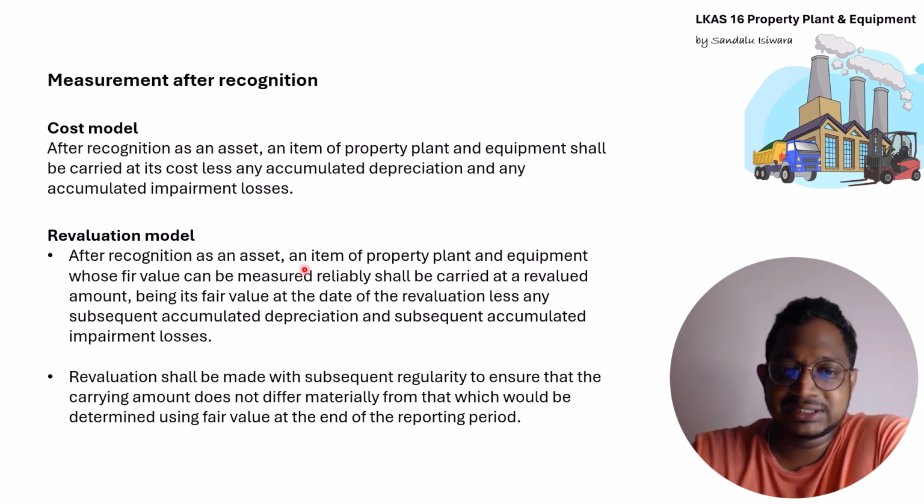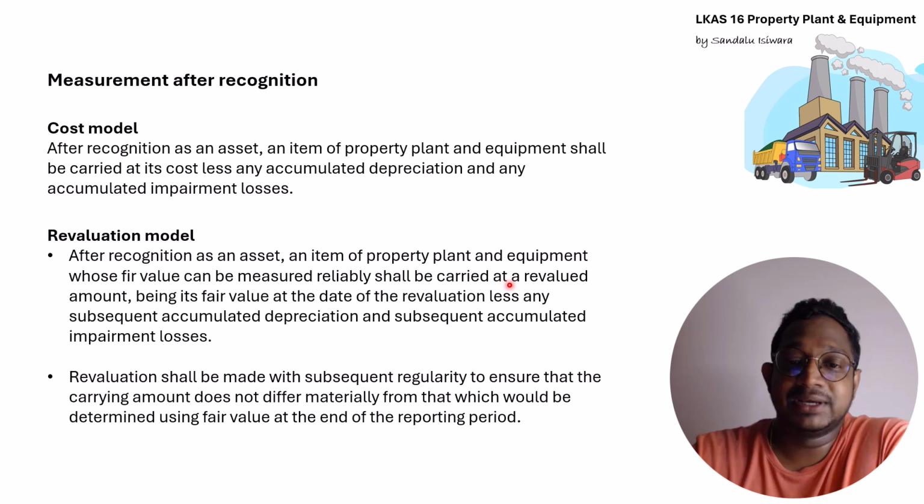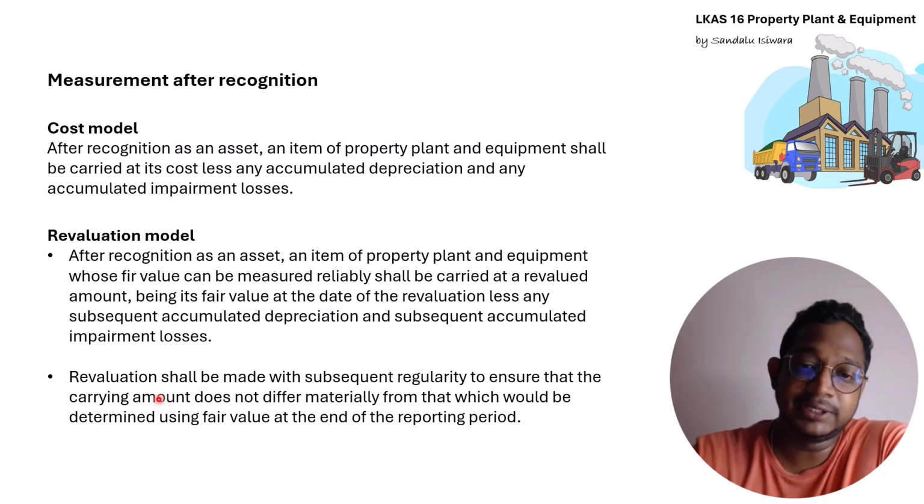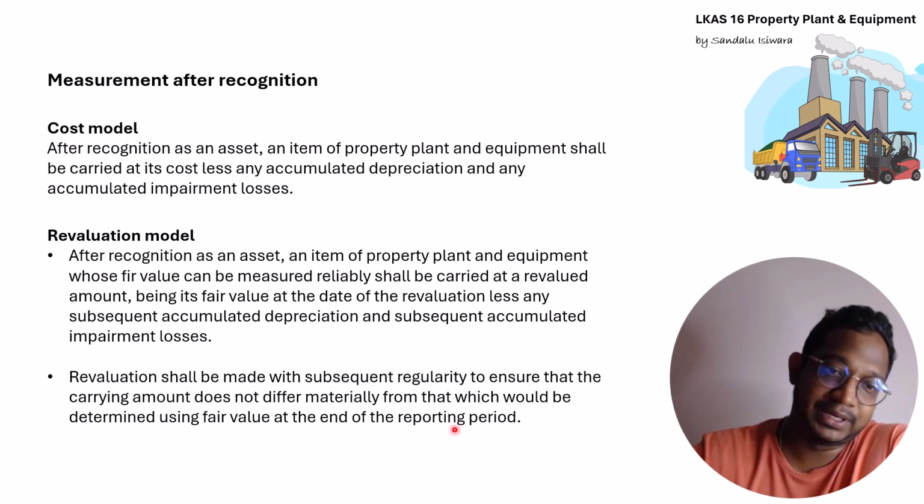After recognition as an asset, an item of property, plant and equipment whose fair value can be measured reliably shall be carried at a revalued amount, being its fair value at the date of the revaluation less subsequent accumulated depreciation and impairment losses. So revaluation shall be made with sufficient regularity to ensure that the carrying amount does not differ materially from that which would be determined using fair value at the end of the reporting period, right?